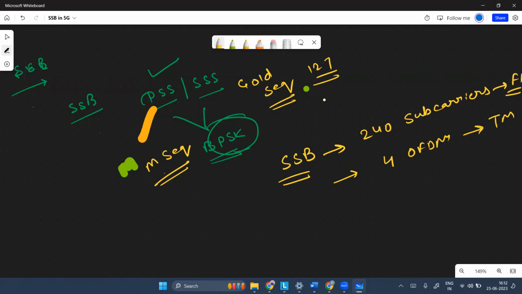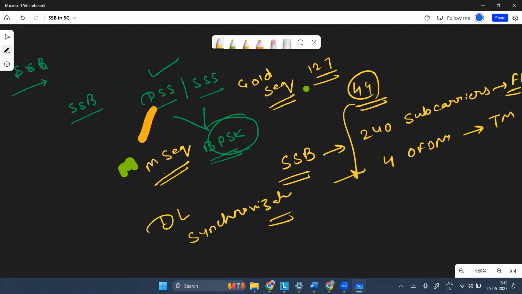So moving forward, the first question comes: what is the purpose of SSB, right? The very first instant I told you, it is used basically for carrying specific signals for establishing downlink synchronization. The position of SSB in the frequency domain basically cannot be the center frequency, which used to happen in 4G.